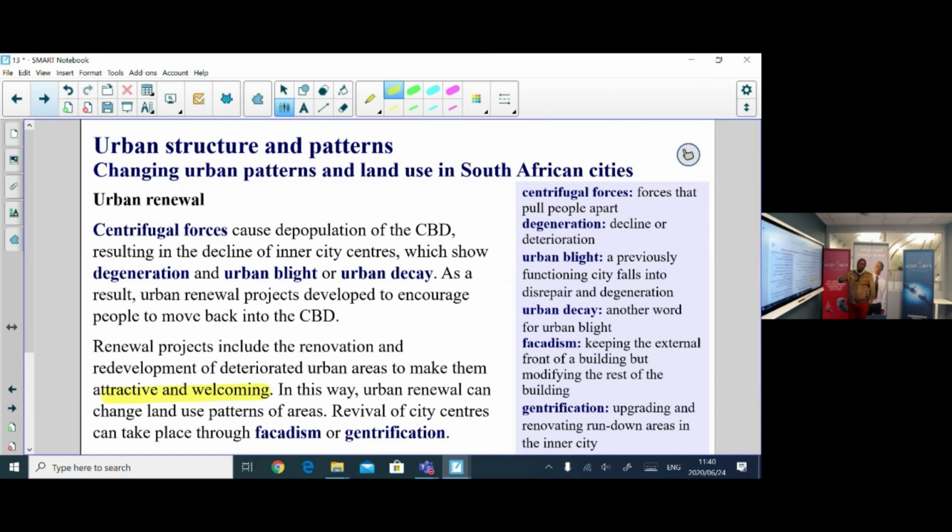Centrifugal forces, these are forces that pull people apart. So those centrifugal forces, you find that is because of the crime levels in the city, like what happened in the story of Hillbrow, the story of Yeoville and so forth.